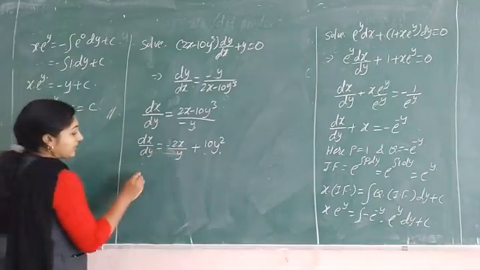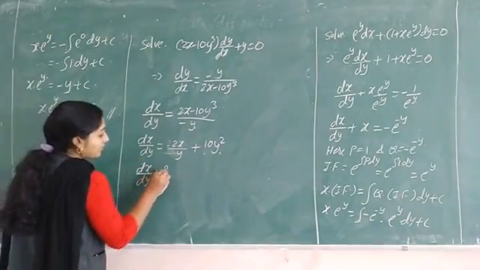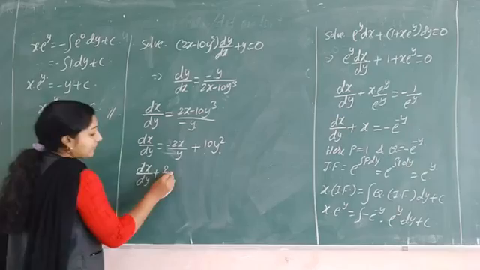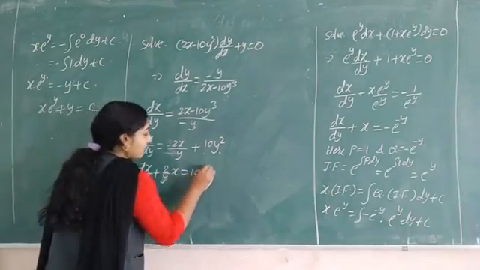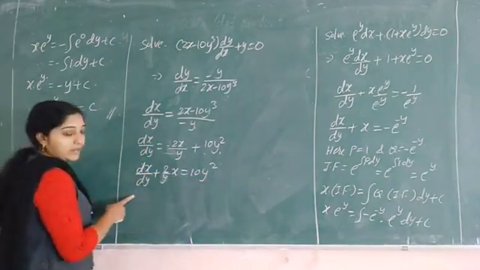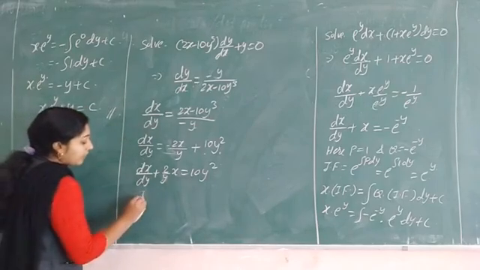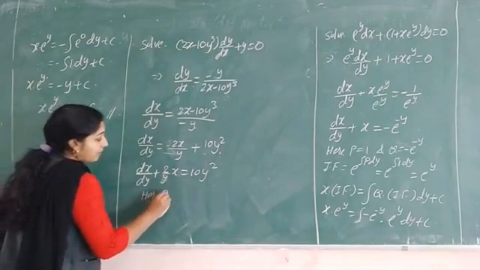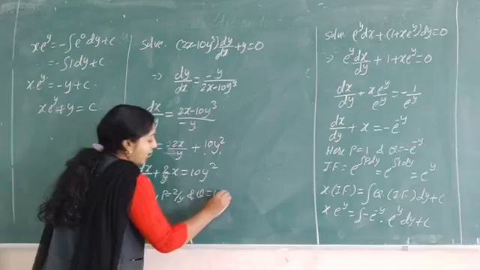Now bring this term on this side. dx by dy plus 2 by y into x is equal to 10y square. Now it is in the form dx by dy plus Px is equal to Q. So here we have P is equal to 2 by y and Q is equal to 10y square.